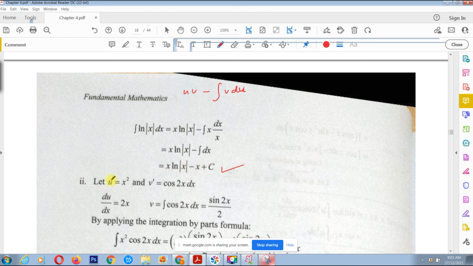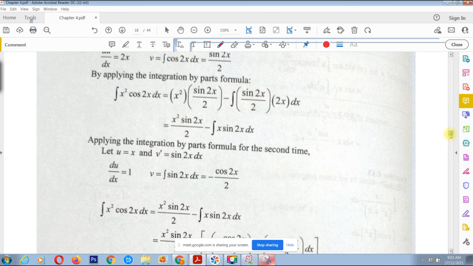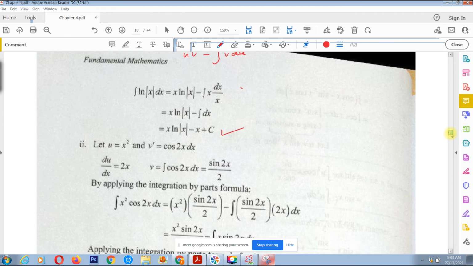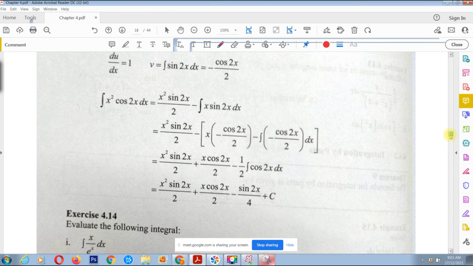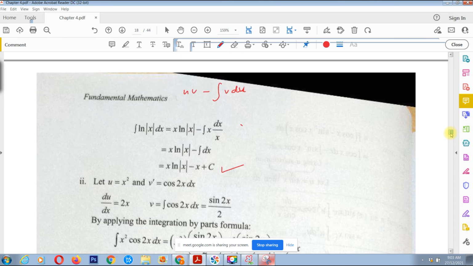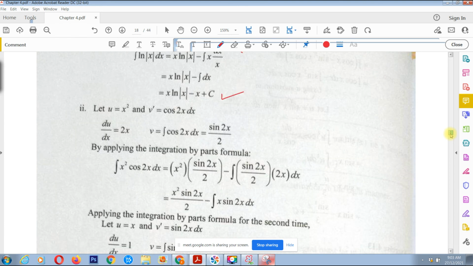Okay. And for the next question, you let u equals x squared, v prime equals cos 2x. So you get this, and then you arrange with the formula.